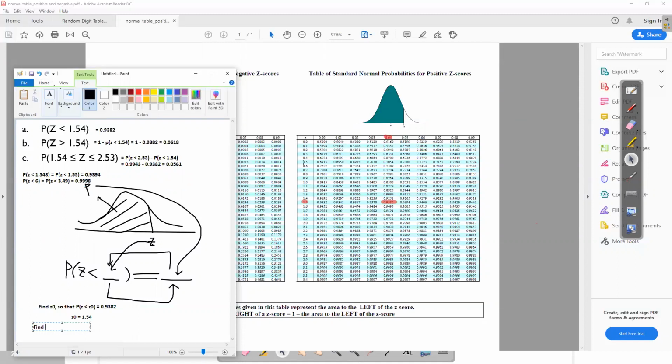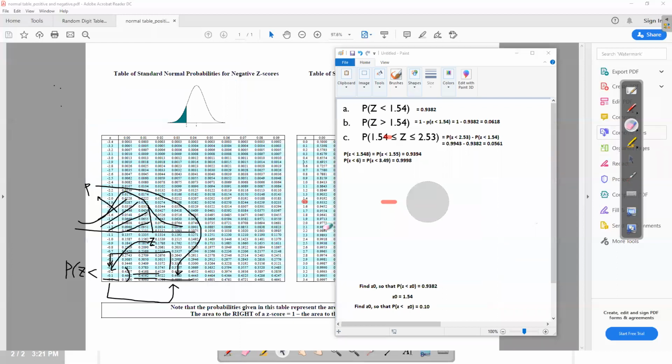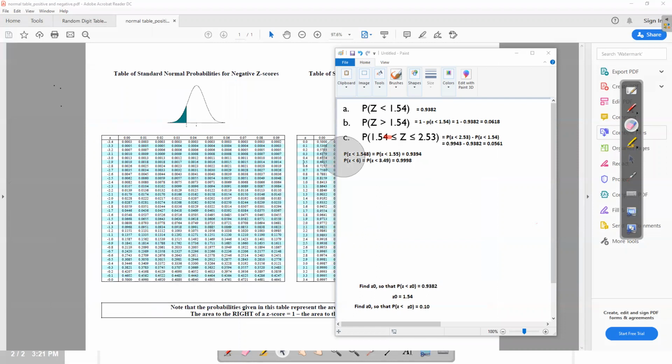For example, if you are asked to find a Z-score so that probability of Z less than that Z-score will equal 0.10, then we need to find the probability of 0.10 on the Z table. 0.10 is going to be on the left-hand side of the table, right? So we look for probability 0.10.